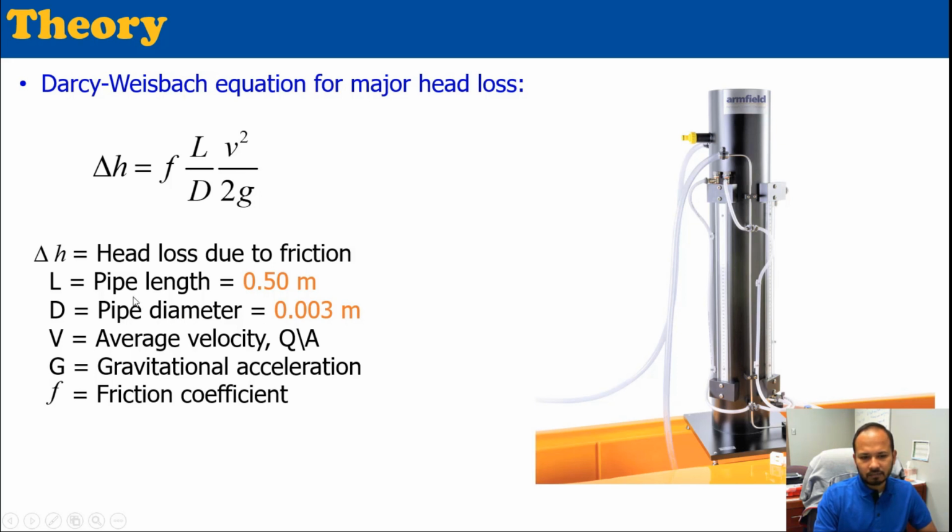In this test, we are measuring from this point to this point, so the pipe length would be 0.5 meter, from where the manometer is connected to where the manometer is connected on the outer portion. Your pipe diameter is 3 millimeter. You can find the average velocity if we measure the flow rate, and if you know the cross section from the diameter, you can get the velocity.